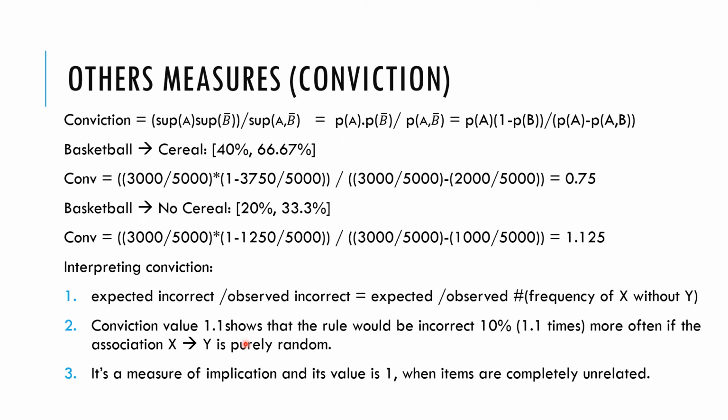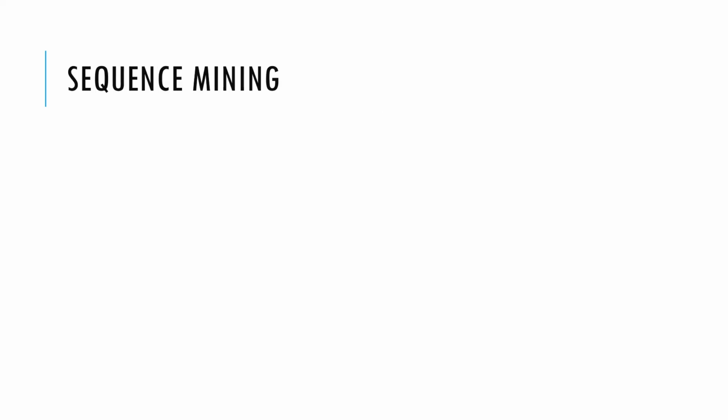As we said, we are looking at the implication: what if the rules we have defined are not correct, what if the occurrences are random? And if the value is 1, then the items are completely unrelated. If the values are more than 1 and the occurrence is random, then this is how you interpret it.